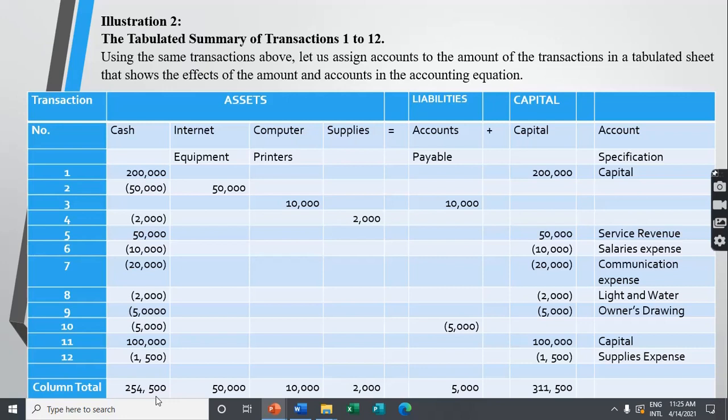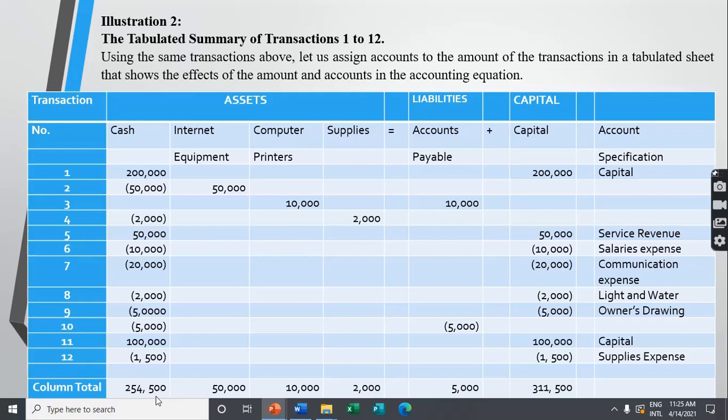Okay? 316,500 yung total amount dun sa asset mo. So, what about dito sa liabilities plus capital?